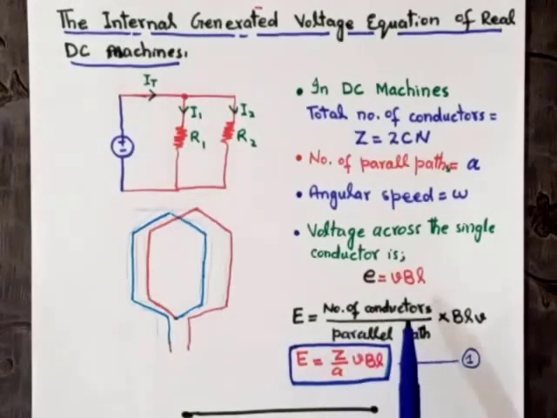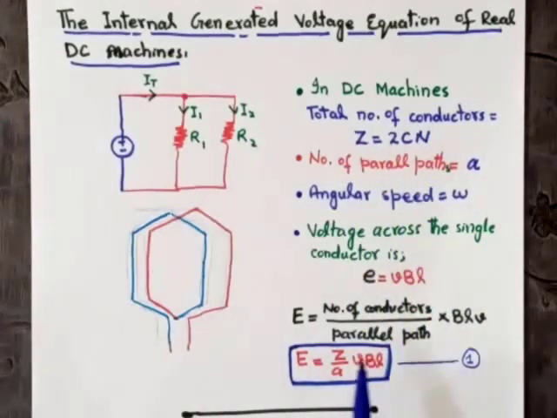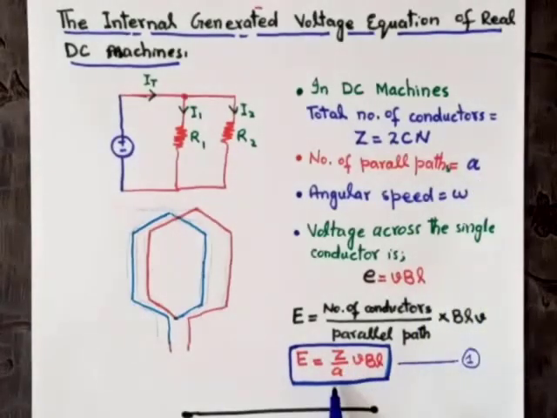As we know, the number of conductors is Z, and the number of parallel paths is A. The voltage across a single conductor is VBL. Therefore, the induced voltage E is equal to Z over A into VBL, where Z is the number of conductors and A is the total number of parallel paths.